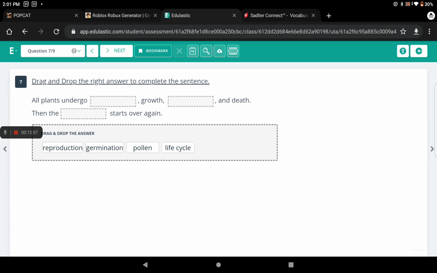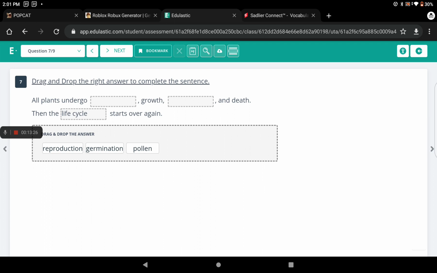Now the words we can choose from are reproduction, germination, pollen, life cycle. Those are your 4 choices. Again, I think, what do those words mean to me? And now we start reading the sentences.